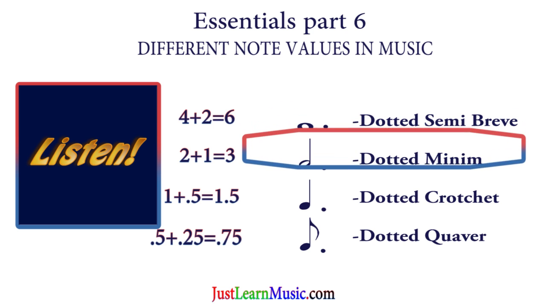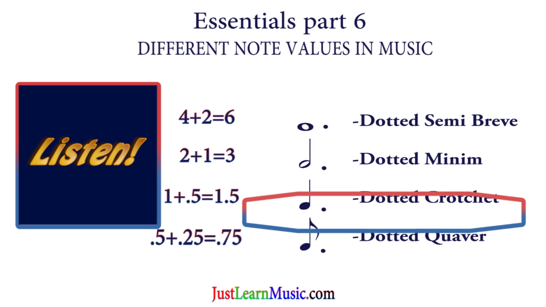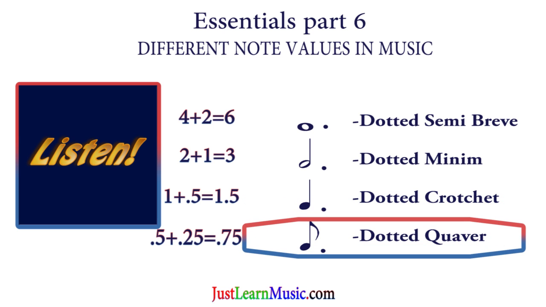Or I could have a dotted crotchet, which is 1 plus half, 1.5 count. It would look like this. We can also have a dotted quaver, which is half plus a quarter, 3/4 of a count. It would look like this.